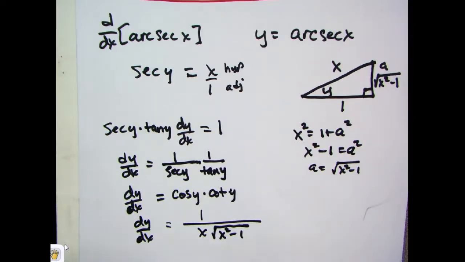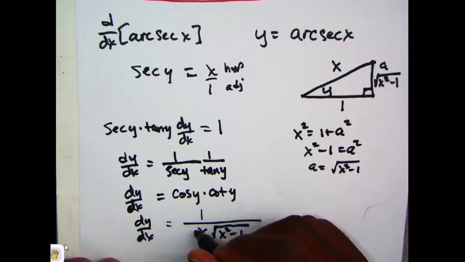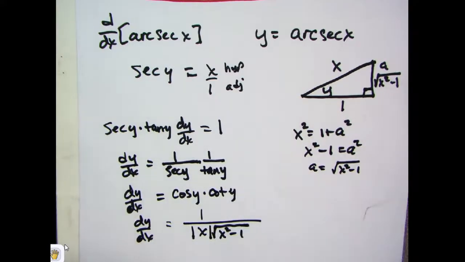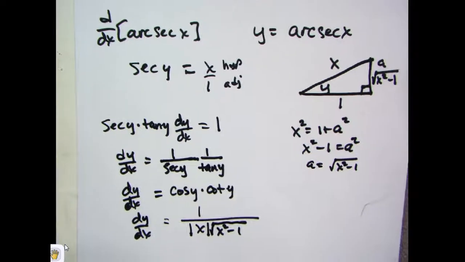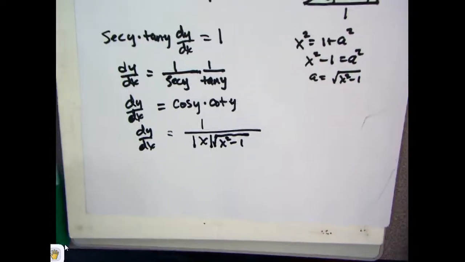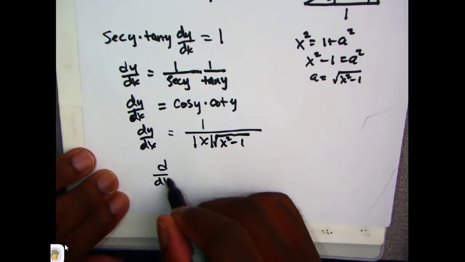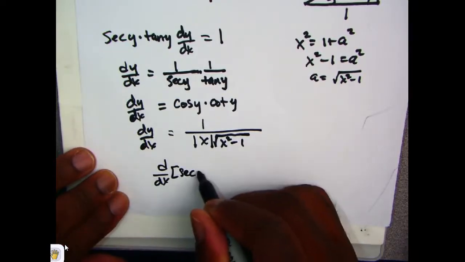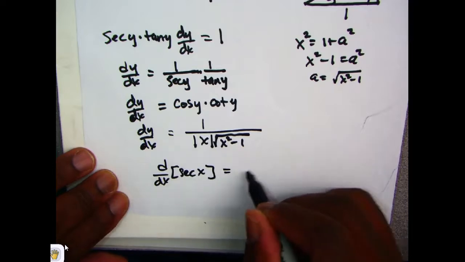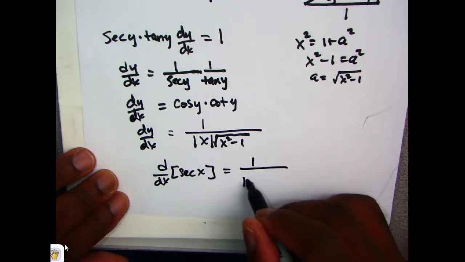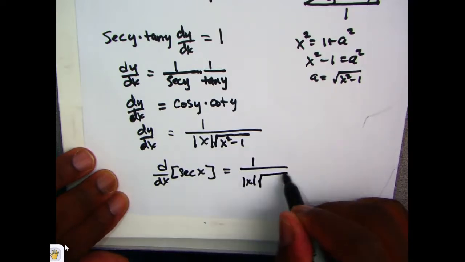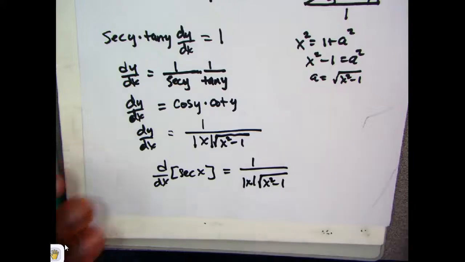Now, because of the properties of secant that I'm not going to go into now, this x will need to be absolute value. So just make a note of that. So our derivative of secant x is 1 over absolute value of x, square root of x squared minus 1.